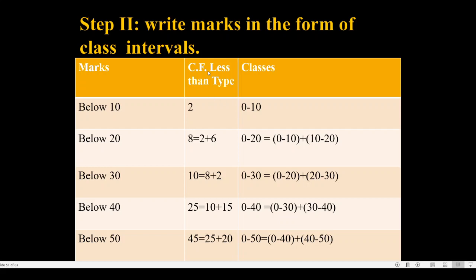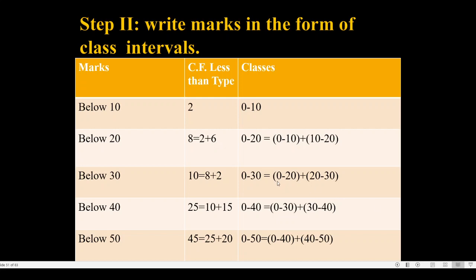We know that the frequency of class 0 to 10 is 2. Then for class 0 to 20, the frequency of 0 to 10 is 2 plus, for 10 to 20, the frequency of class 10 to 20 is 6.